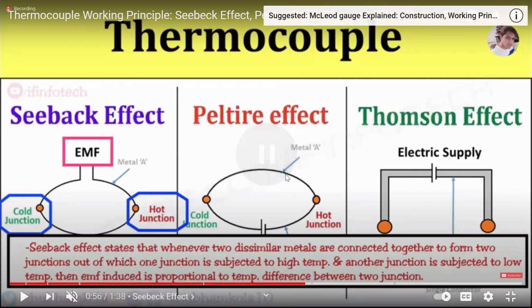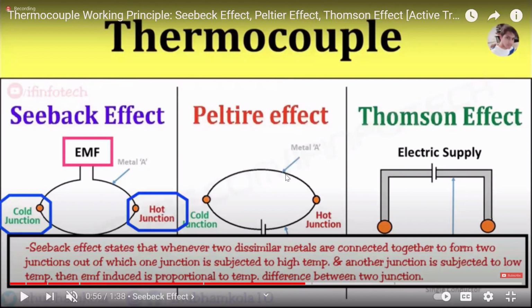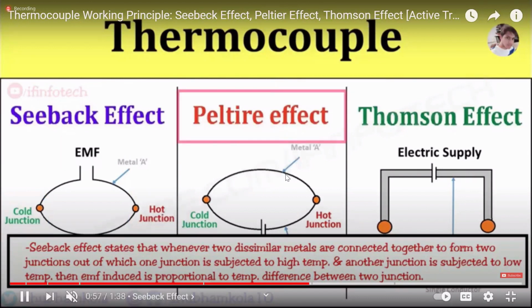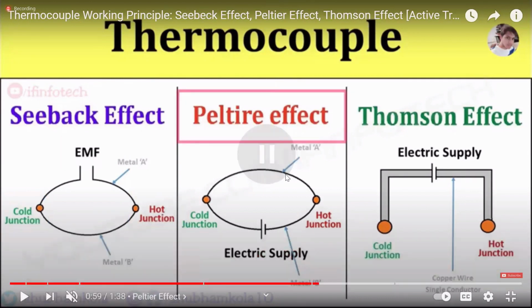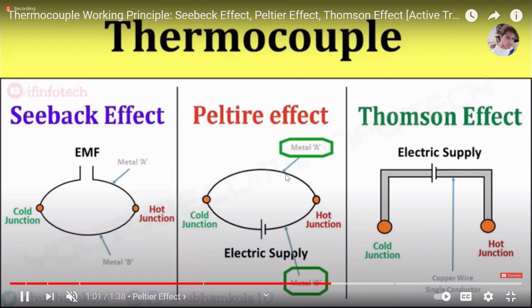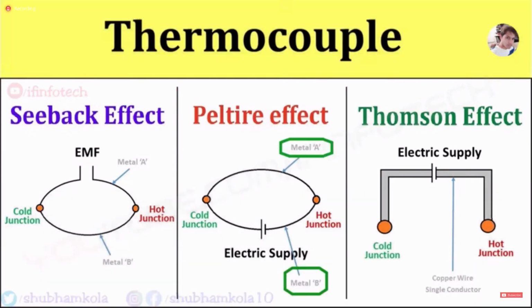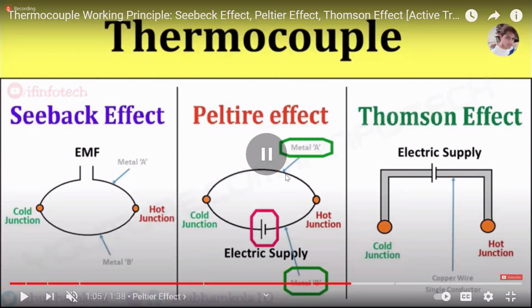Next one is Peltier effect. In Peltier effect also, to prove the Peltier effect, we are taking two dissimilar metals, metal A and metal B. And we are using a power supply, that is battery.